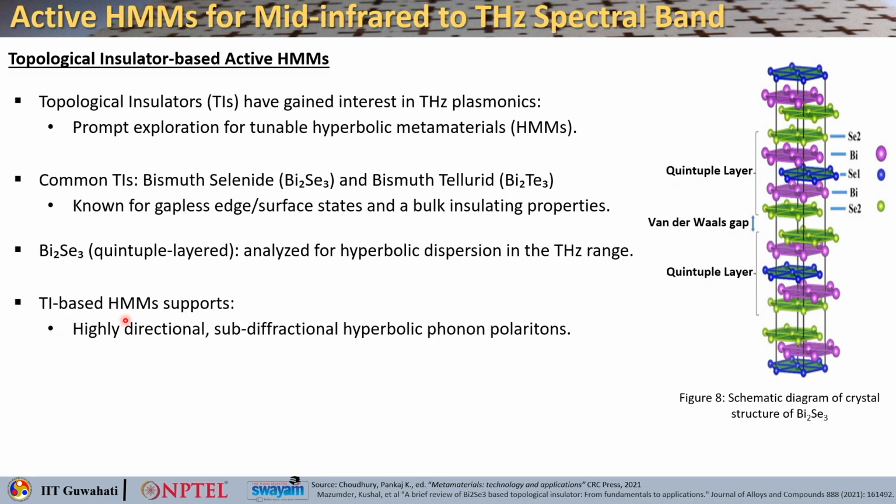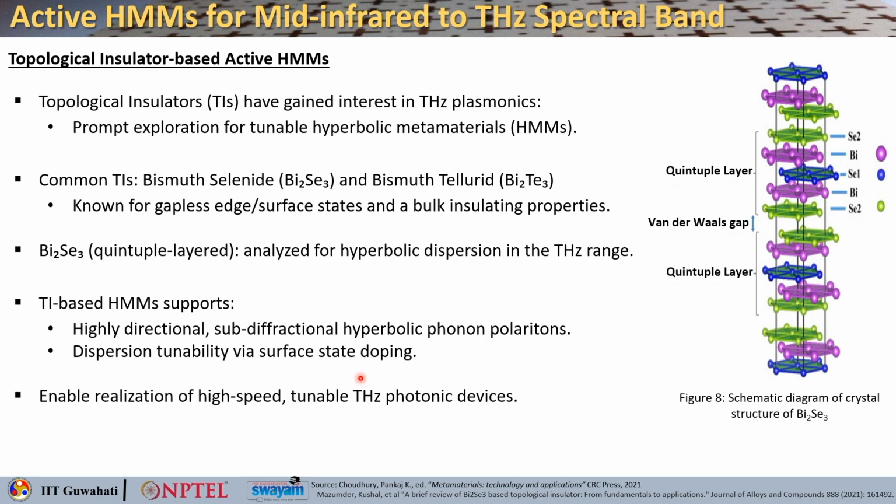Now topological insulator based HMMs are particularly interesting because they support highly directional subdiffractional hyperbolic phonon polaritons, right. They have dispersion tunability that comes from surface state doping, and they enable realization of high speed tunable terahertz photonic devices.